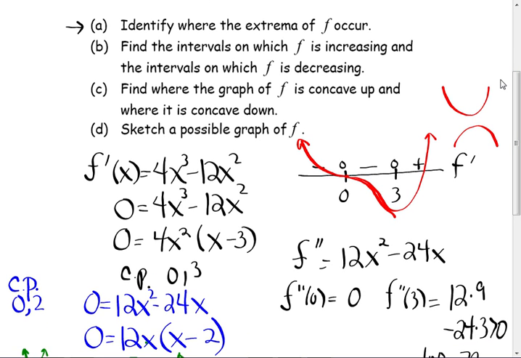Where is it increasing? It's increasing where this is positive, from 3 to infinity. Where is it decreasing? From negative infinity to 0, and then from 0 to 3. At 0, the derivative is 0. To be increasing, the derivative must be positive.